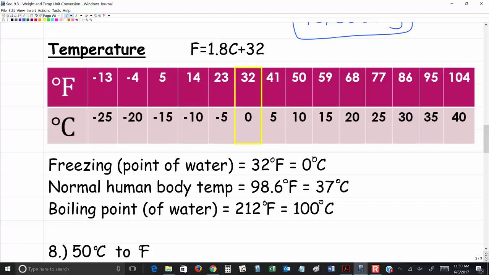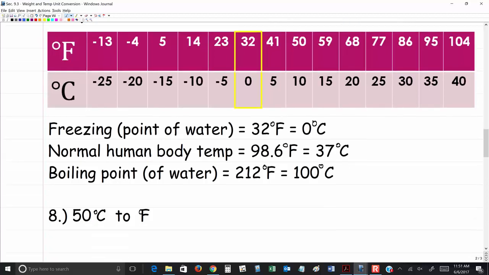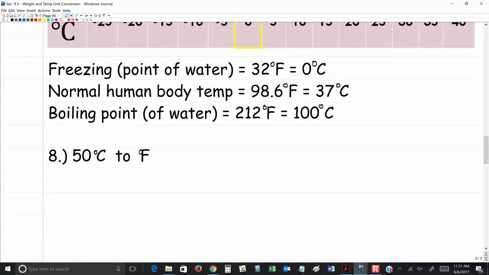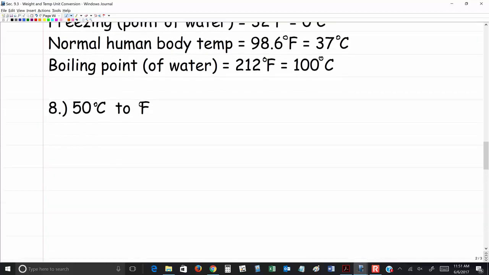You do have on the formula sheet with the conversion factors that formula right there. That is the formula you'll be using. So 50 degrees Celsius to Fahrenheit, just plug it in. Pretty straightforward.